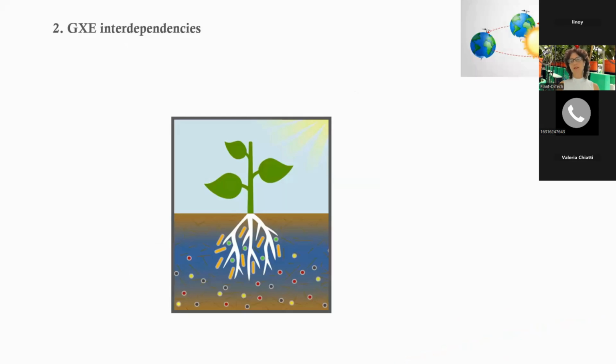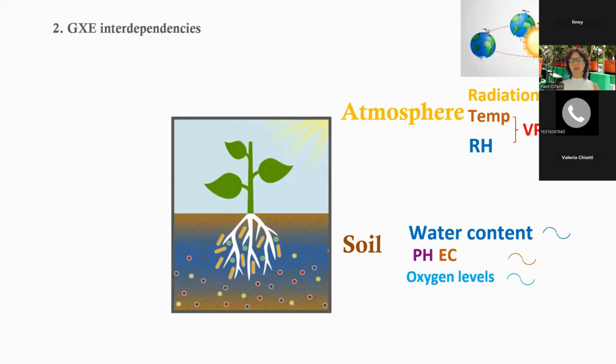The plant is being grown in its environment, and the environment is the atmosphere: the radiation, the temperature, the humidity, which makes the VPD, and the soil, so different soil types. The plant's surroundings have a certain water content, pH, EC, oxygen levels, and other characteristics.